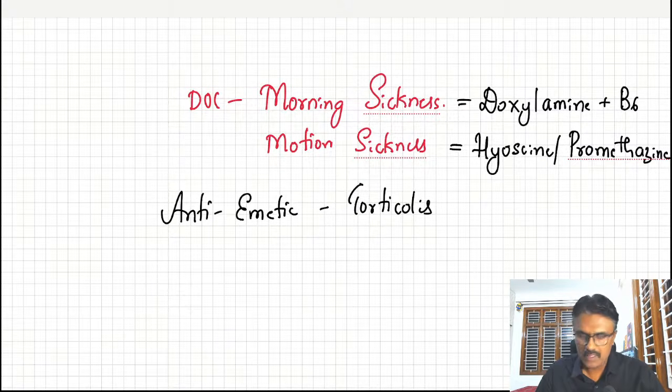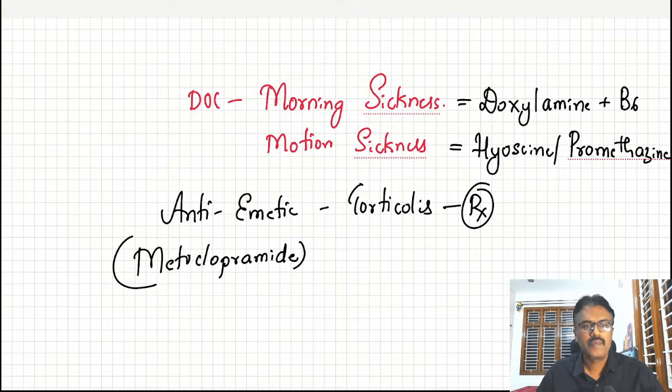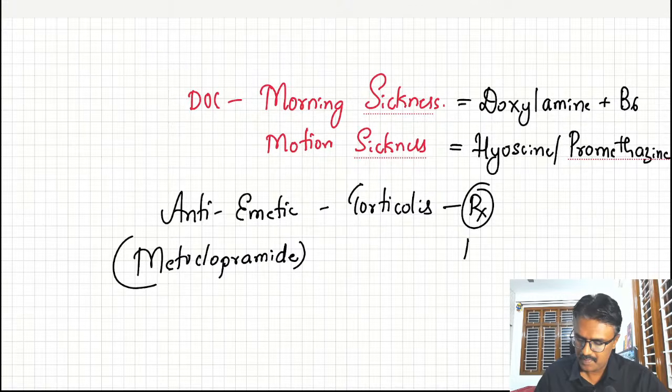And torticollis, what is the antiemetic responsible? The name is metoclopramide. How do you manage this torticollis? You have to give an anticholinergic. The anticholinergic we use is benzhexol.